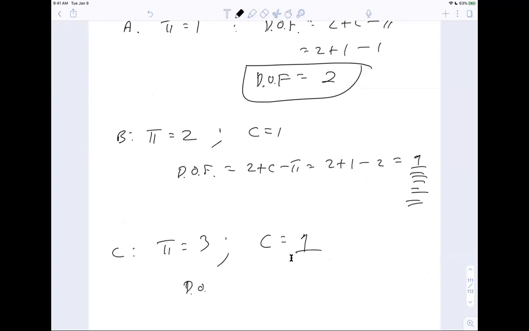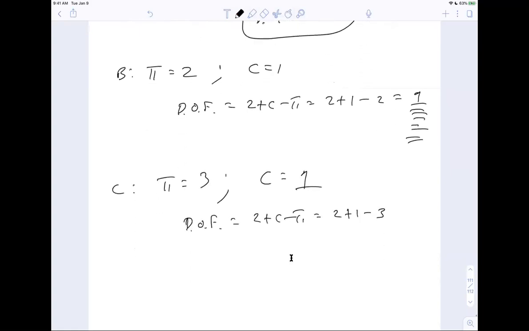The degrees of freedom is equal to 2 plus C minus pi. And that's going to be 2 plus 1 minus 3 because pi is 3. And that gives us 3 minus 3. Wow. No degrees of freedom. Everything is chosen for me.